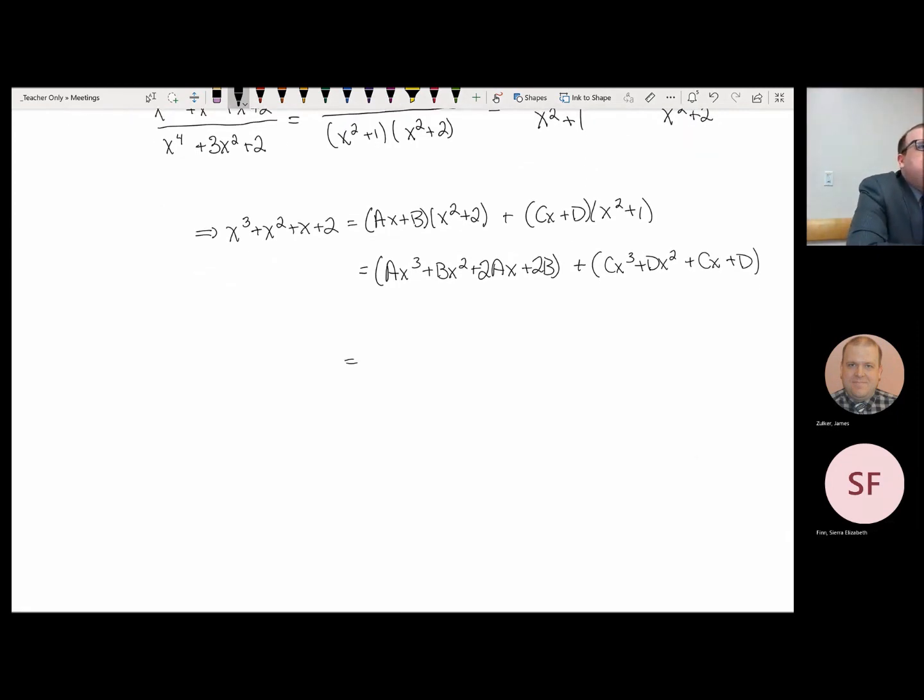Group together like terms. x cubed: A plus C. x squared: B plus D. x: 2A plus C. And then our constant: 2B plus D.